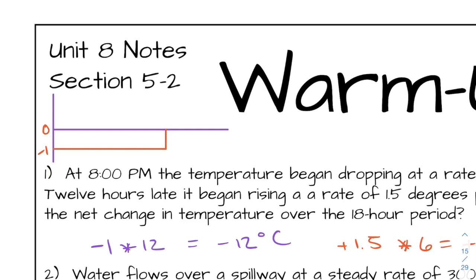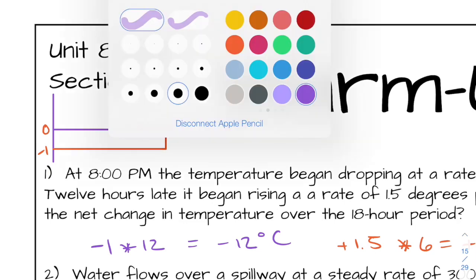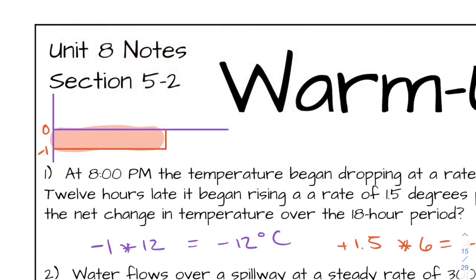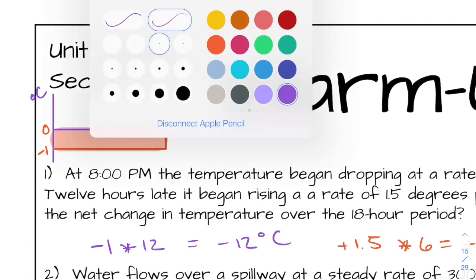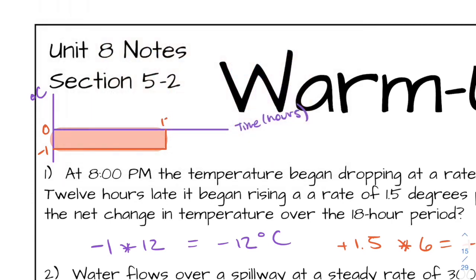So for 12 hours, we have this area right here, right? So let this axis be degrees Celsius, and this axis can be time in hours. And so negative 1 times 12 is negative 12.